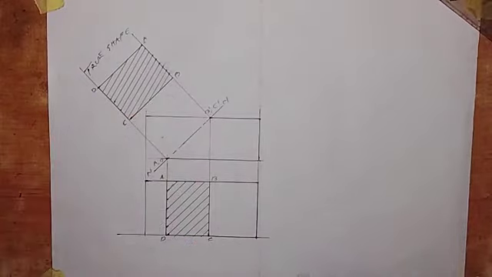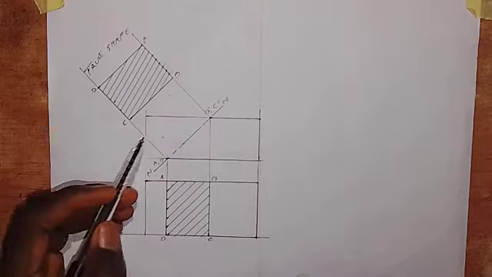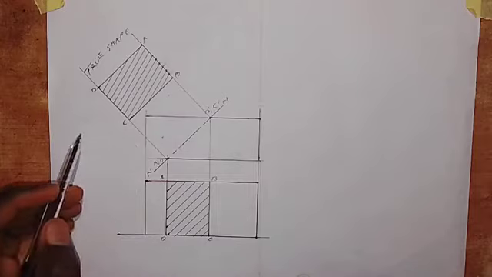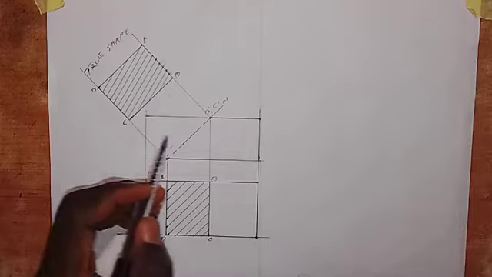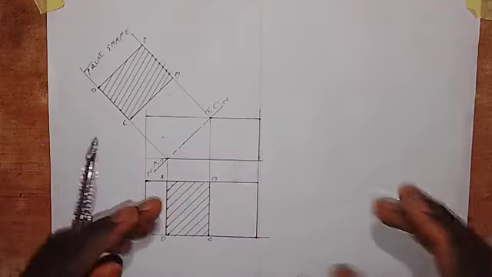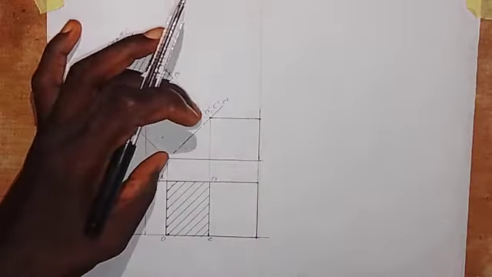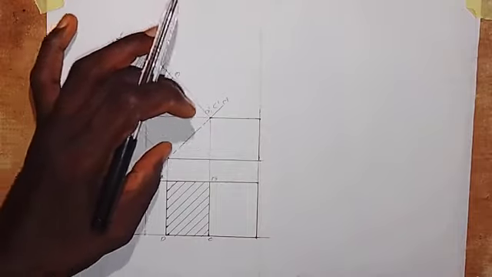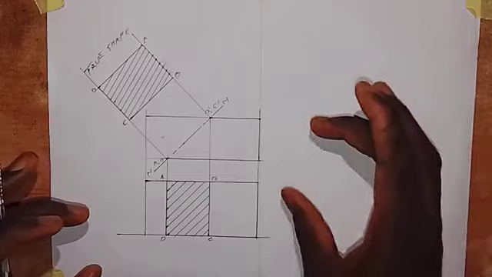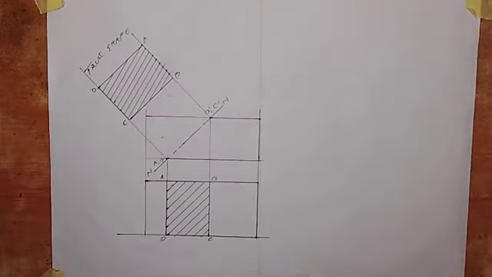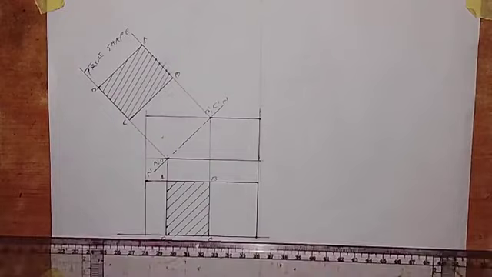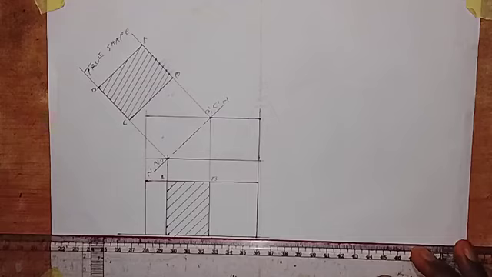So what we are left with to produce in this drawing is the end elevation. So for the end elevation, we are looking at it in this direction. We are standing here and we are looking at what we see here. Okay, so we want to see how the cut surface is going to look as the end elevation. So for us to produce the end elevation, what we are to do is draw a horizontal line.